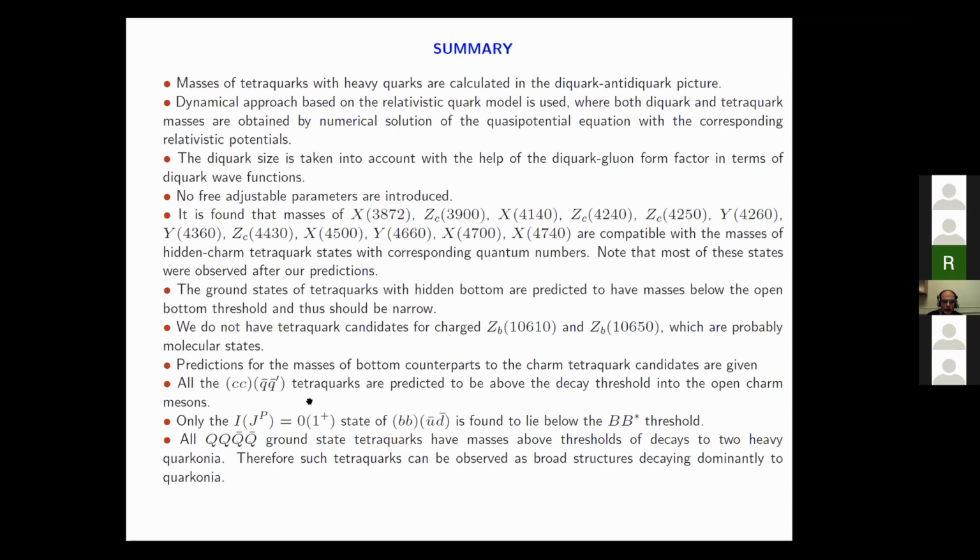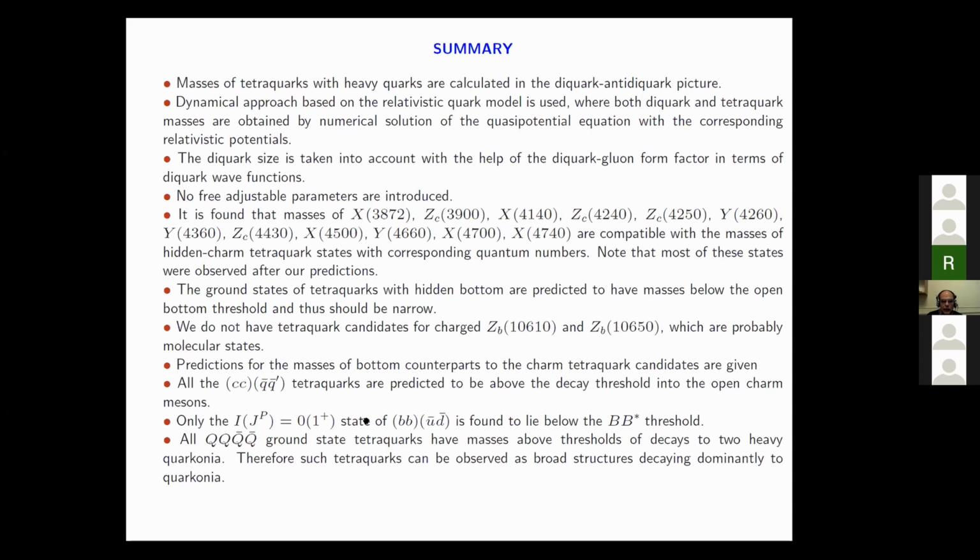So these tetraquarks could be seen only as resonances. Only the 1+ state of tetraquarks composed of two bottom quarks and a light antidiquark is found to be below the corresponding B B* threshold.